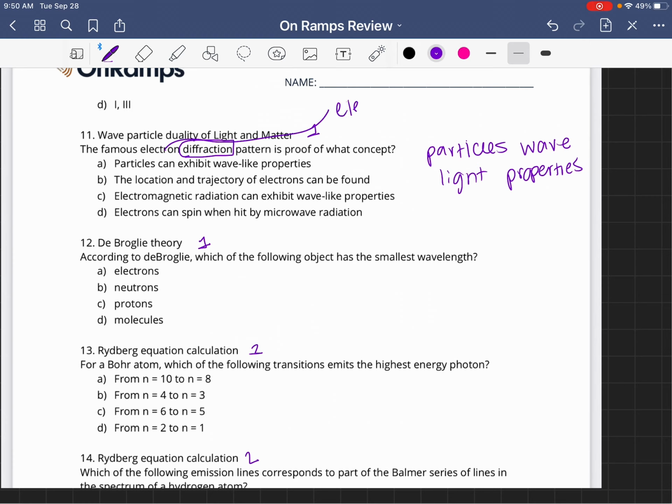Particularly the electron, which is matter.